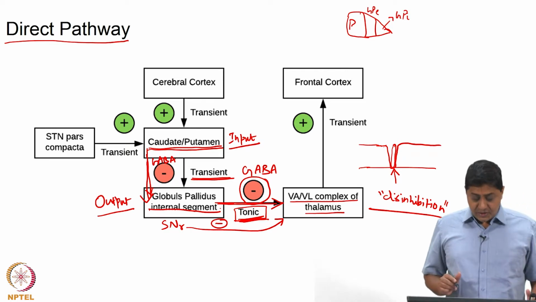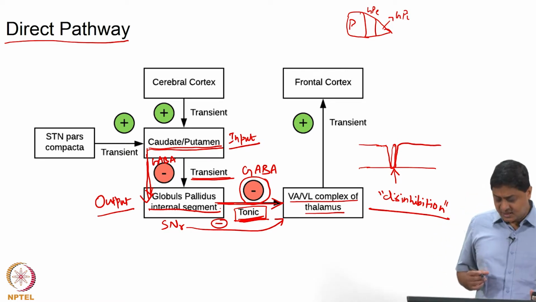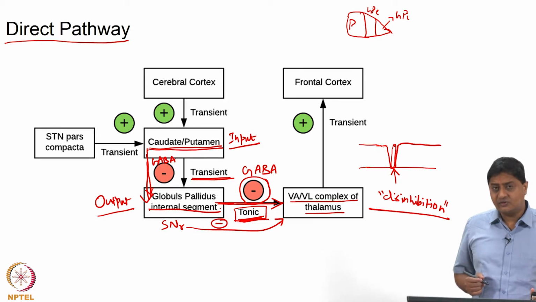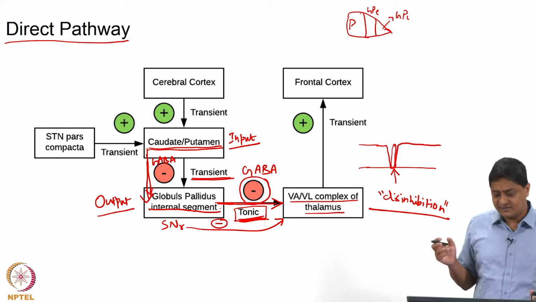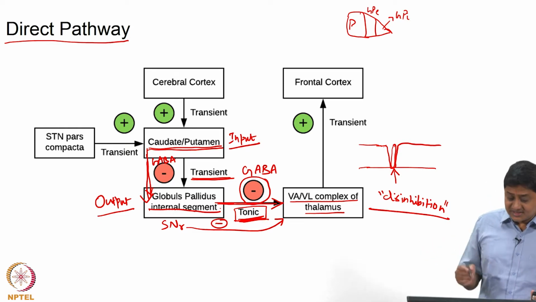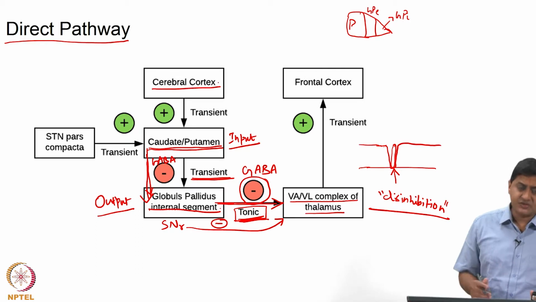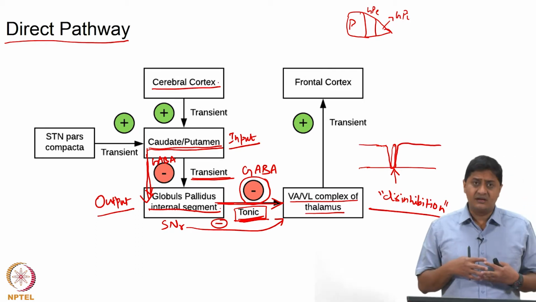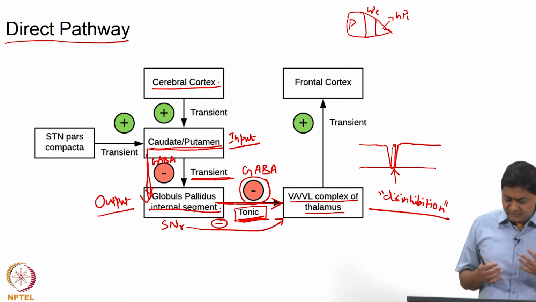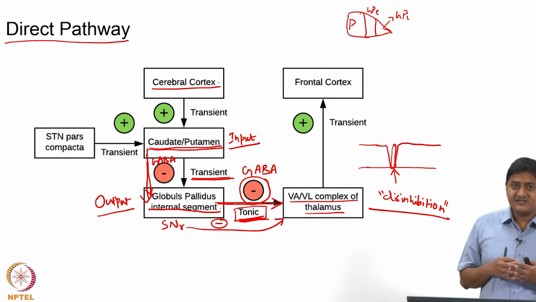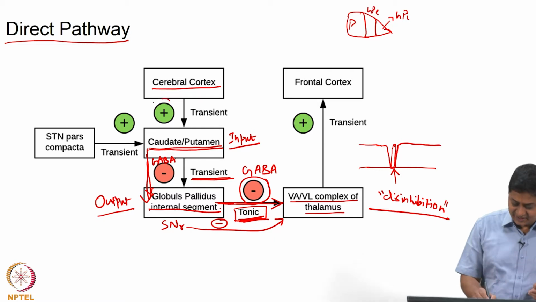Okay. But what makes the caudate and putamen provide transient inhibitory input to the globus pallidus internal? That is the question. That is because the cerebral cortex, actually through several pathways, not just the motor pathway, there are multiple pathways, association pathways, etc. Through multiple pathways, cerebral cortex sends glutamatergic inputs, that means excitatory inputs.